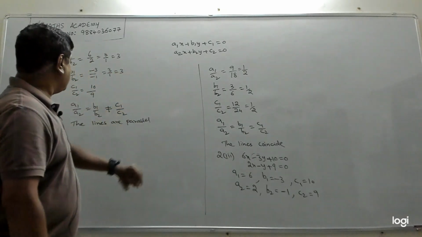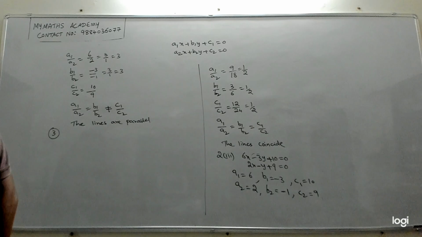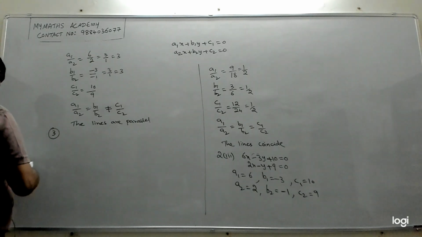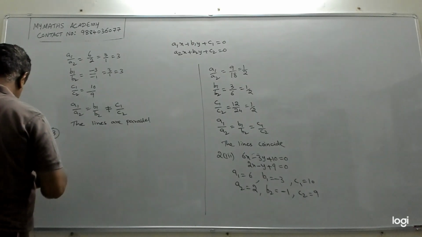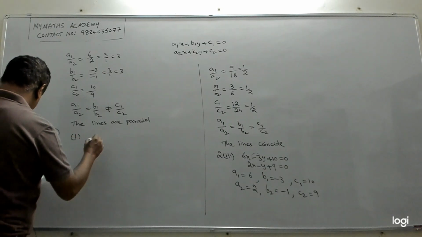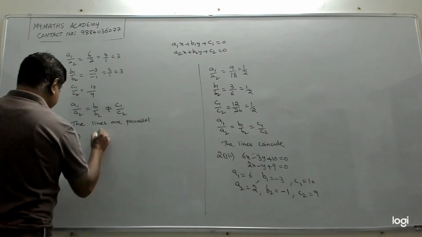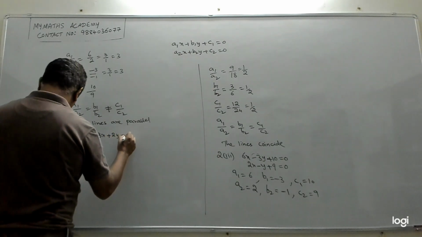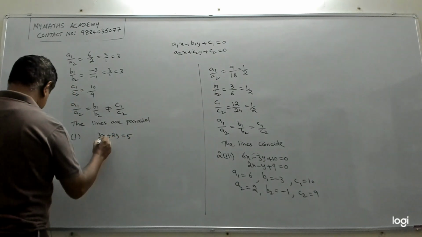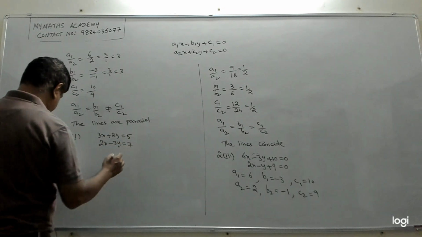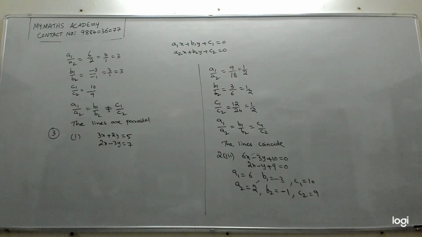For that, again, let's write the given equations. Let's do the first one. What is the first one? The first problem is 3x plus 2y equal to 5, then 2x minus 3y equal to 7.